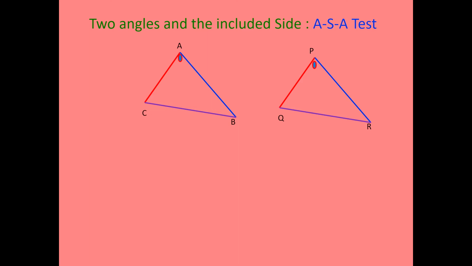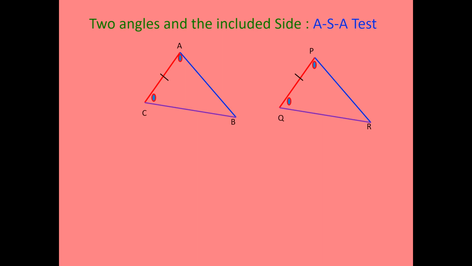One angle we took, angle A congruent to angle P. We have side AC congruent to side PQ. I hope you can imagine side AC and PQ should be included by the two angles. One angle is already marked. The second angle will come here. So angle C congruent to angle Q. It does not mean that angles A and C also may be congruent all the time. No.